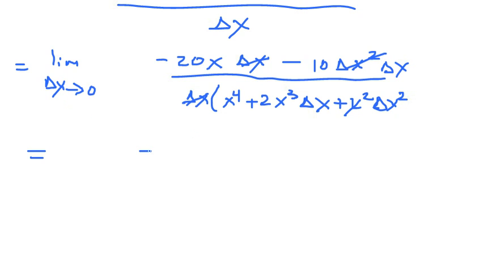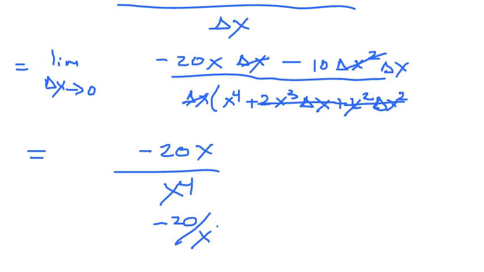We'd be left with negative 20x on top, over, plugging in here, this would be 0, that would be 0, and we'd be left with an x to the fourth, as you can see. And then of course we could simplify this down to negative 20 over x to the third. And of course this is our f prime of x.